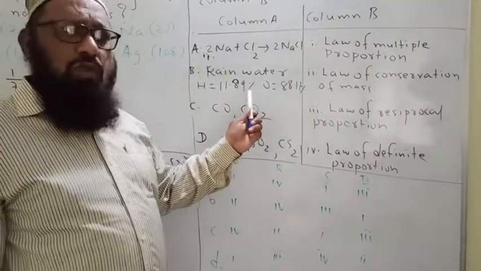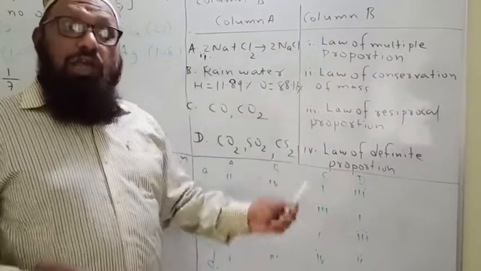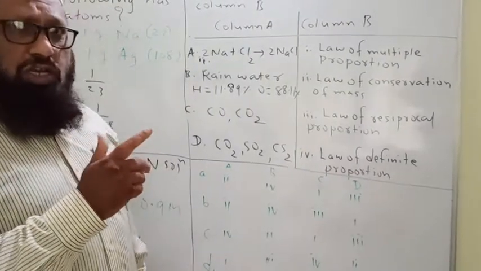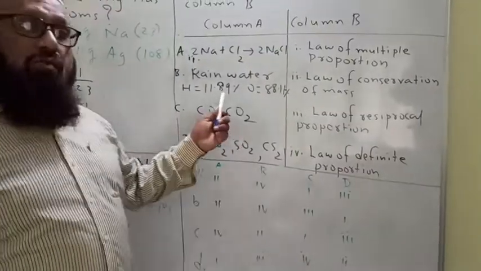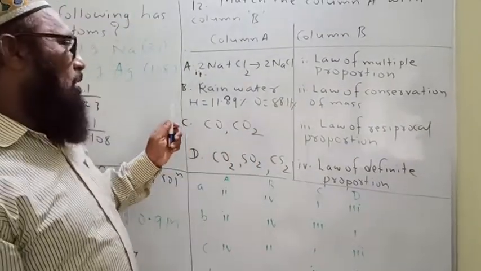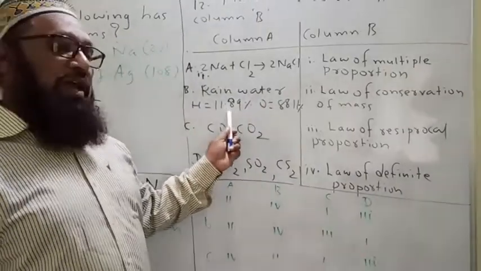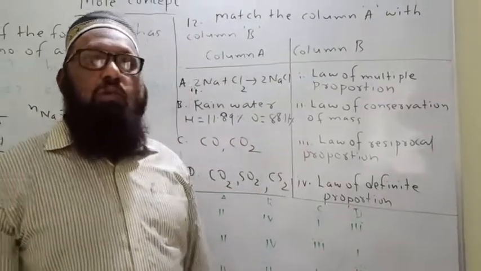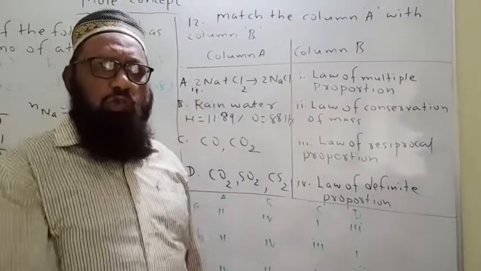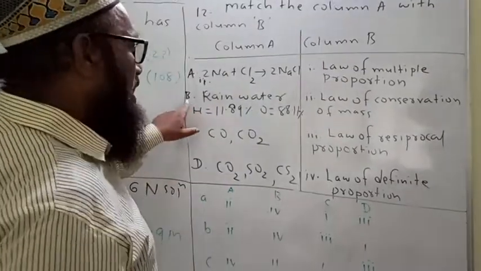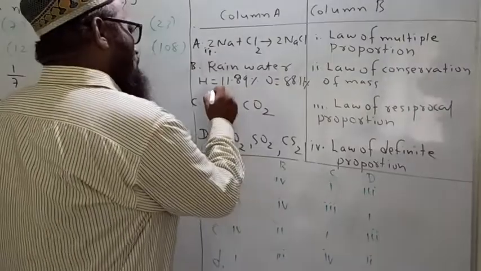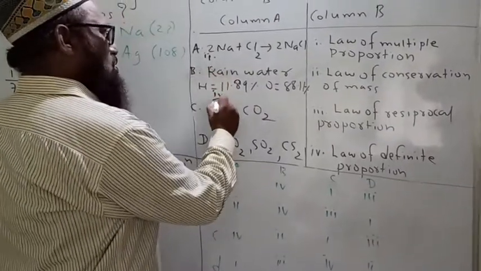Water, H2O, always contains hydrogen and oxygen in definite proportion, in fixed proportion by mass. If we take any pure sample of water, hydrogen must be 11.89%, oxygen must be 88.11%, irrespective of the source of water. Therefore, B is the law of definite proportion, option number 4.